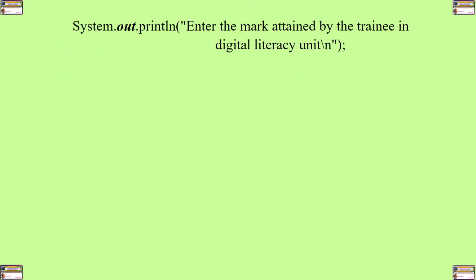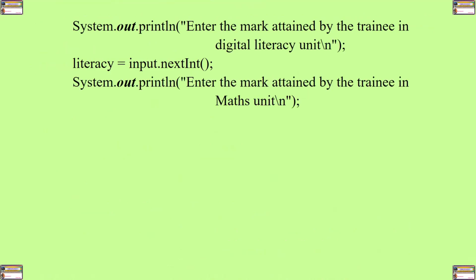From there, the next statement to be displayed is enter the mark attained by the trainee in digital literacy unit. The value will be read through the method called nextInt, through the object input, and the value received will be stored in the memory location called literacy. The next statement to be displayed is enter the mark attained by the trainee in months.